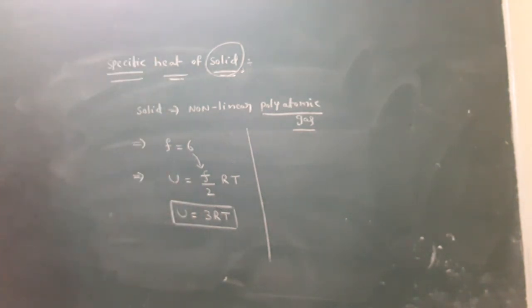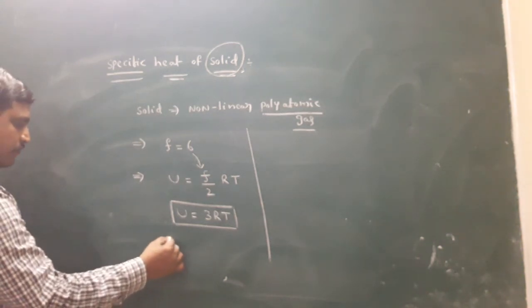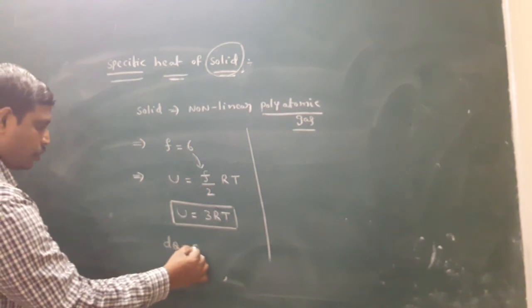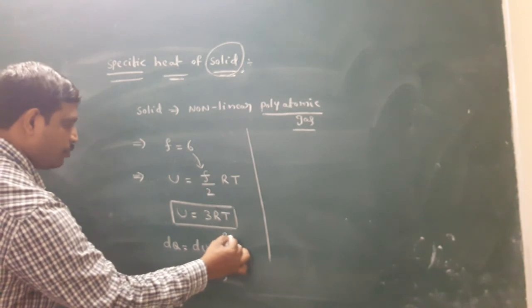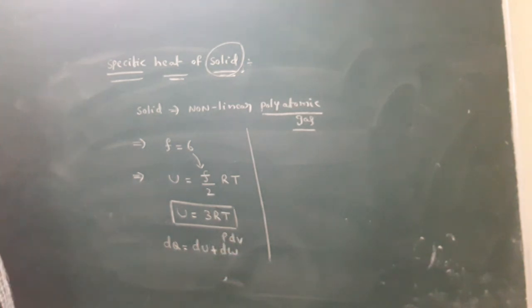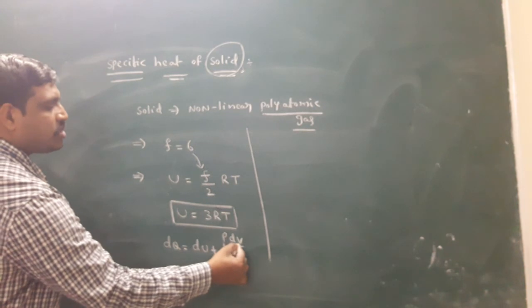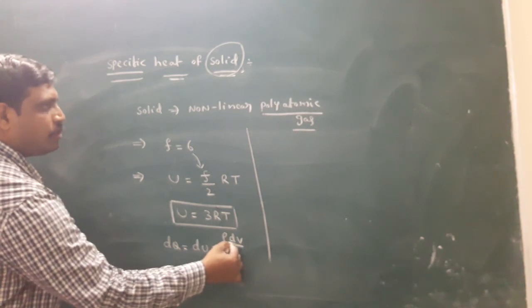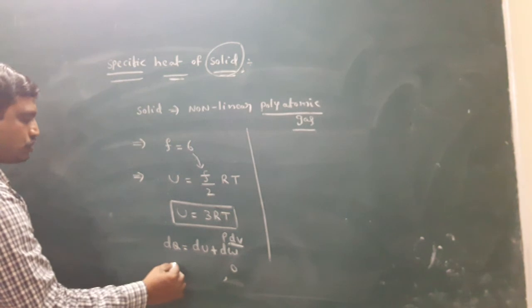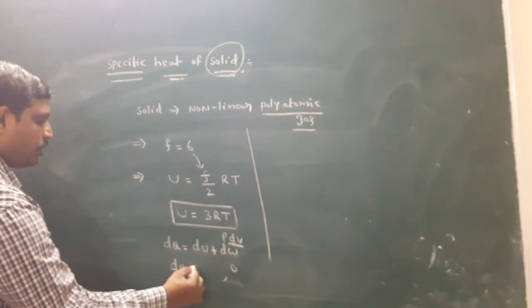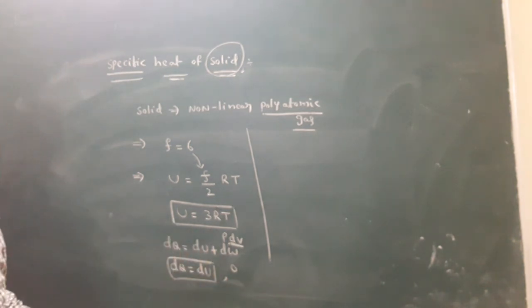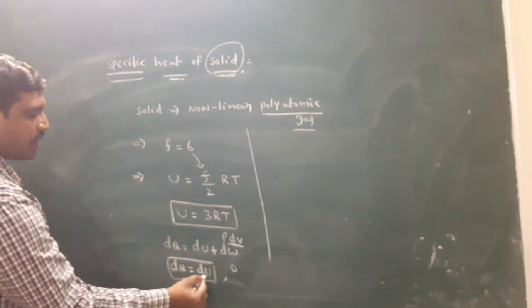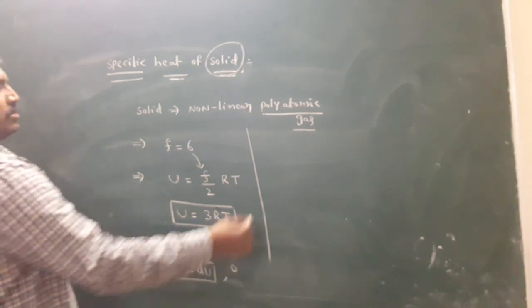We know the first law of thermodynamics: dQ equals dU plus dW. dW, in this chapter, solid expansion is neglected. So the change in volume is 0, and work done is 0. Simply dQ equals dU. Once again I repeat, simply heat is converted into internal energy.